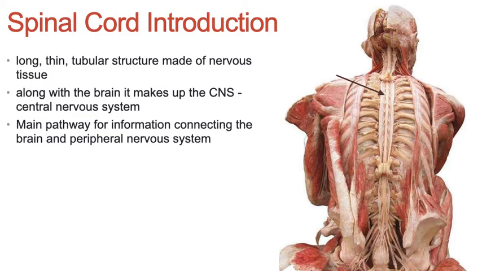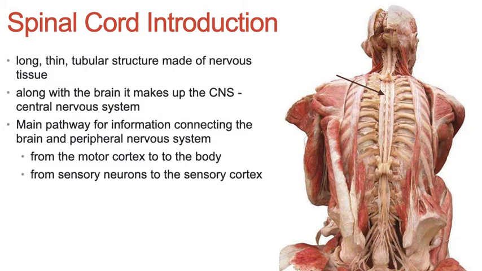Now, the spinal cord is the main pathway for information connecting the brain to the peripheral nervous system. The spinal cord functions primarily in the transmission of nerve signals from the motor cortex in the brain to the body, and from the afferent or sensory neurons to the sensory cortex located in the brain.